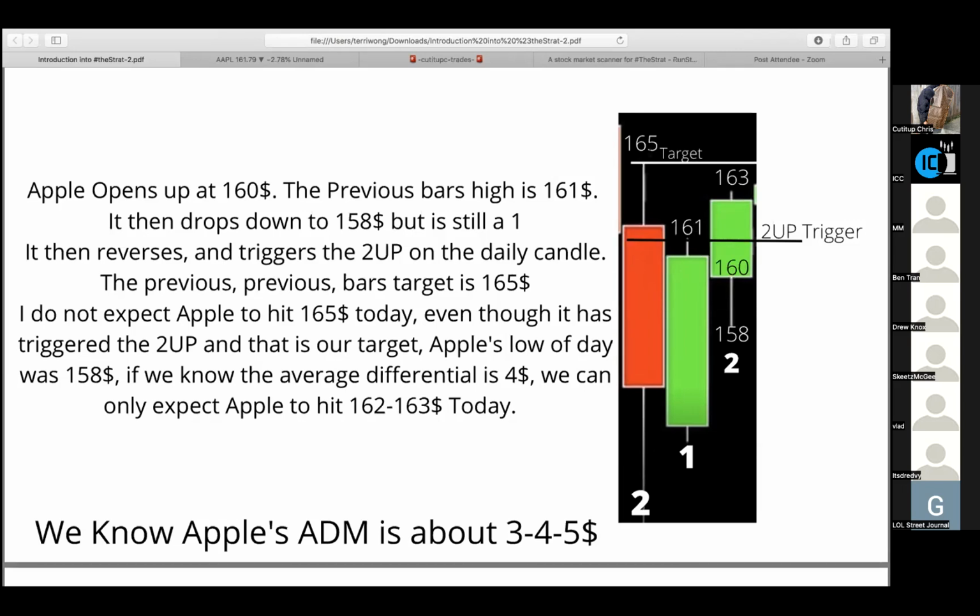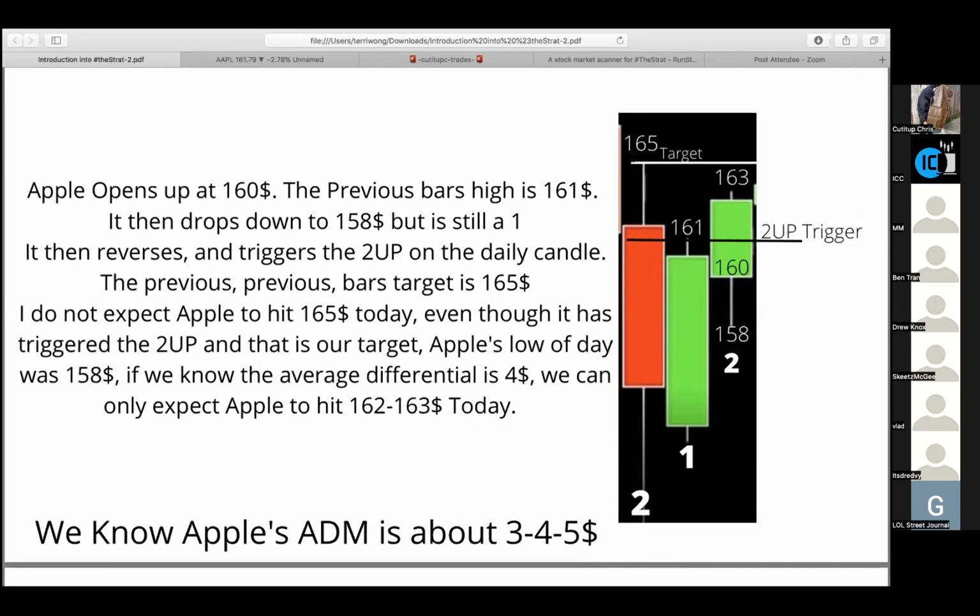The previous bar's magnitude is 165, so that should be our target, right? But we know that Apple's differential from high to low is about $5 on a daily basis. So I don't expect Apple to hit 165 today, given that it dropped to 158. And from 158, $5 from there is 163.